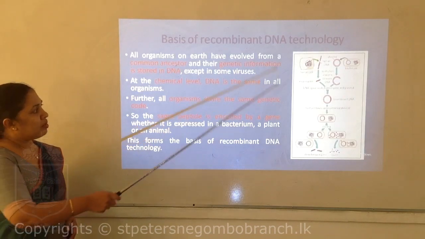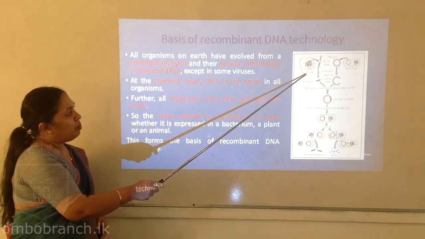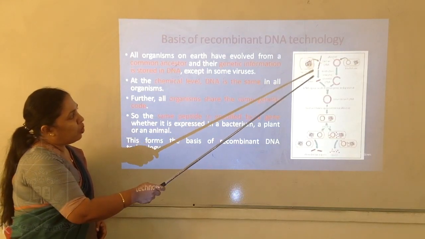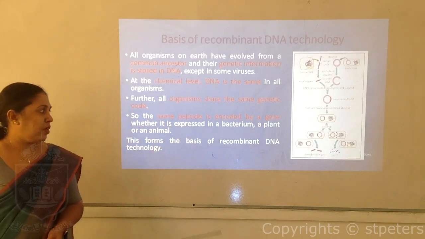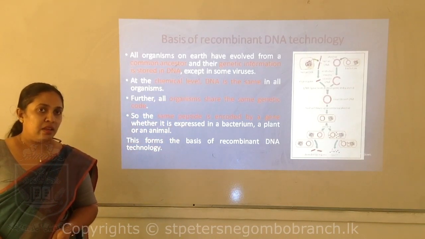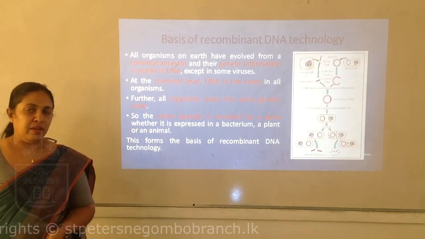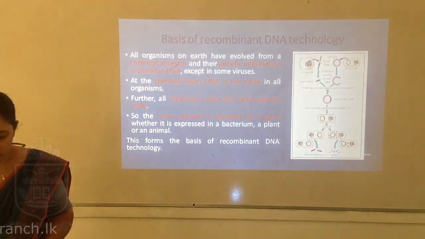Organisms share the same genetic code. It may be a bacteria or a plant cell. They share the same genetic code. So the same peptide is encoded in a particular gene, independent of the organism.